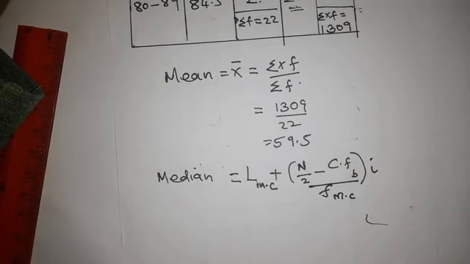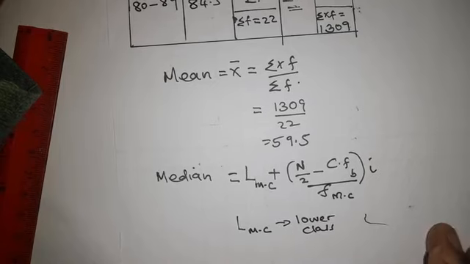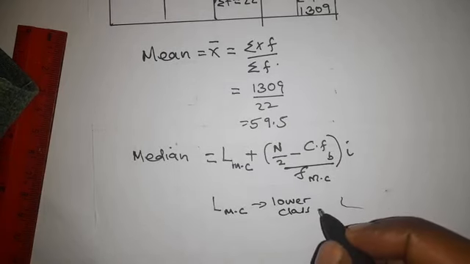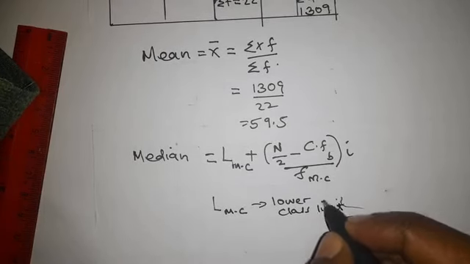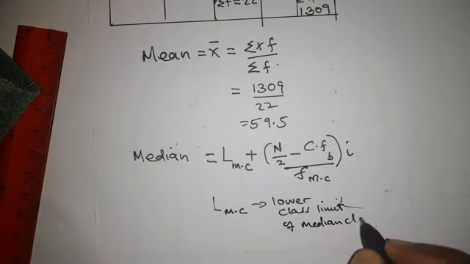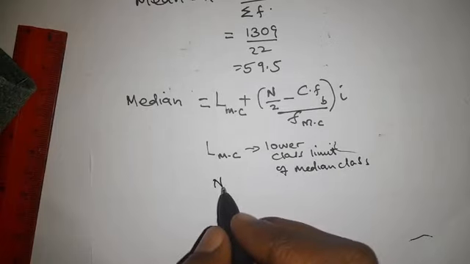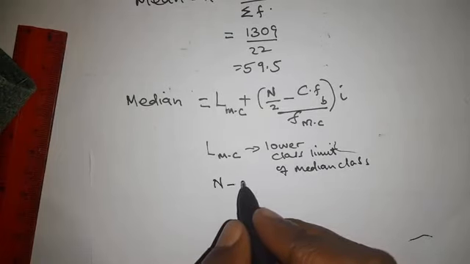So this means that LMC is what we refer to as the lower class limit of the median class. And then N is the total frequency.